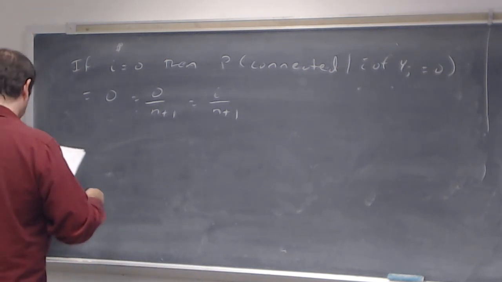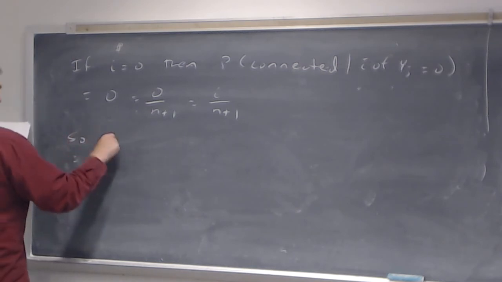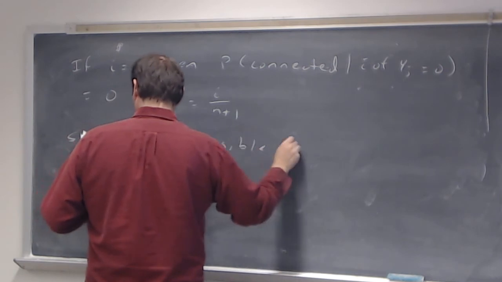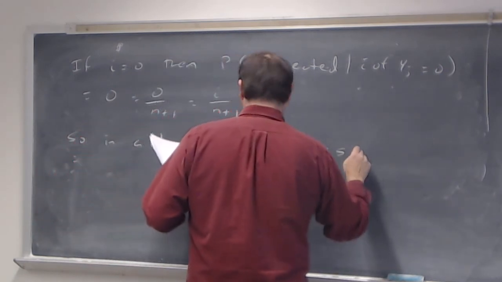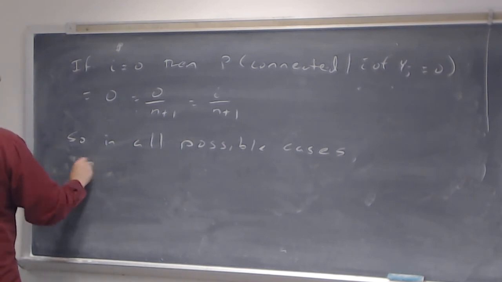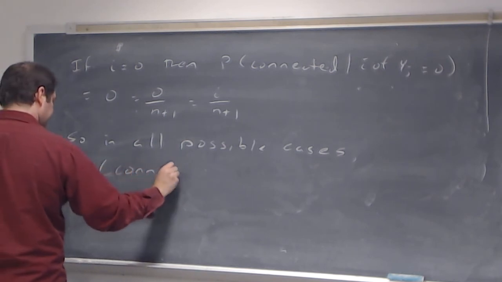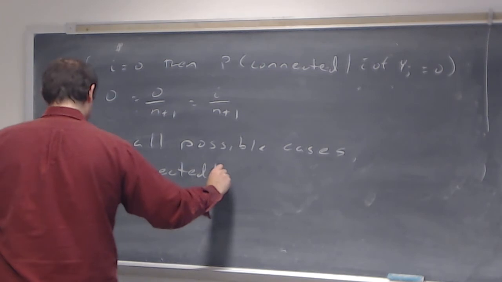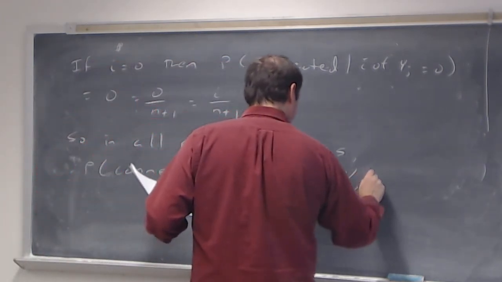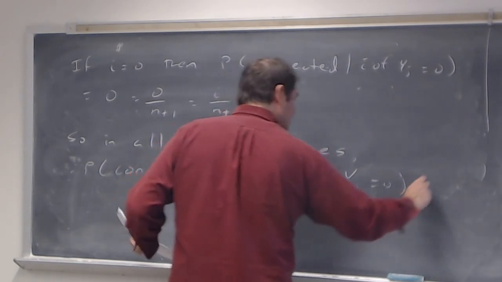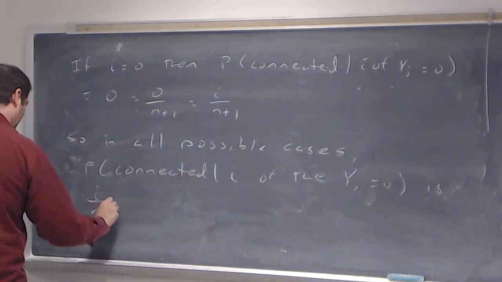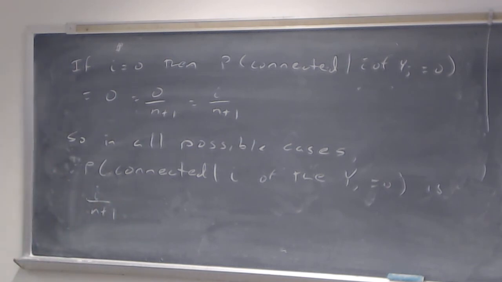And so, in all possible cases, what we have is the probability of being connected given I of the y sub j's equal to 0 is I over n plus 1. Okay?